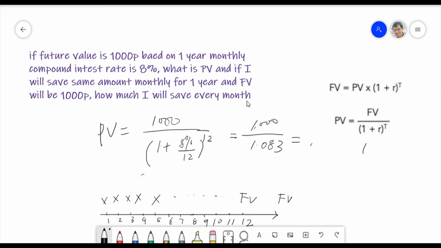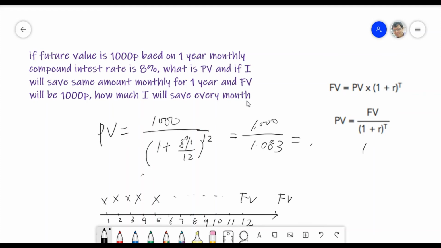For real estate, the bank calculates that you are saving for 10 years, they will get a future value, and that future value will be equivalent after the computation to the present value. So that's the way. I raise this example because it is based on this kind of concept.